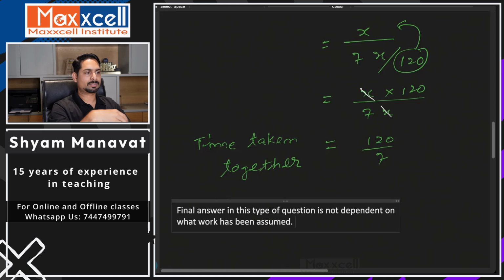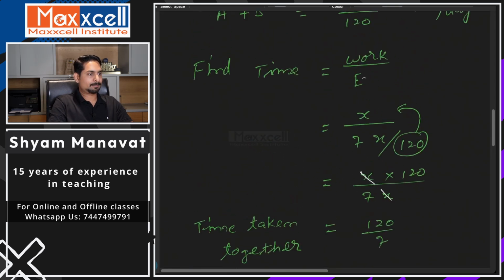So instead of x we assume y, or instead of x we assume 100, at the end you will cancel that, correct? So this is the first method.